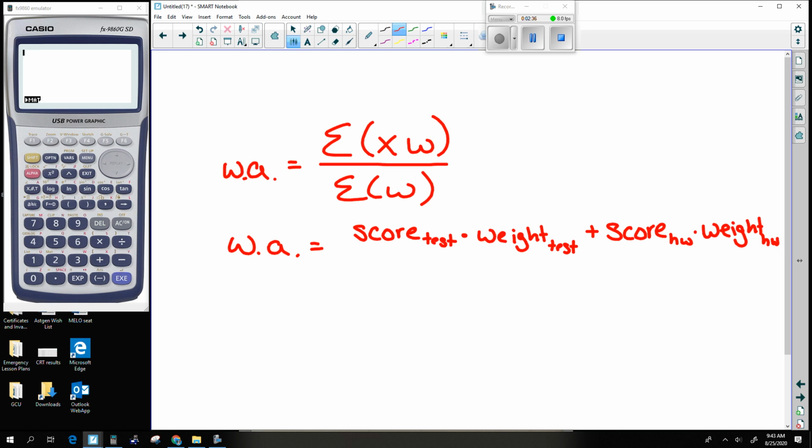You do this to however many categories are completely fulfilled, as in you have both a score and a weight. For instance, if you haven't taken the final yet, it's not going to get factored into the final score. Your grade won't be affected if you didn't take it. So that is the score.